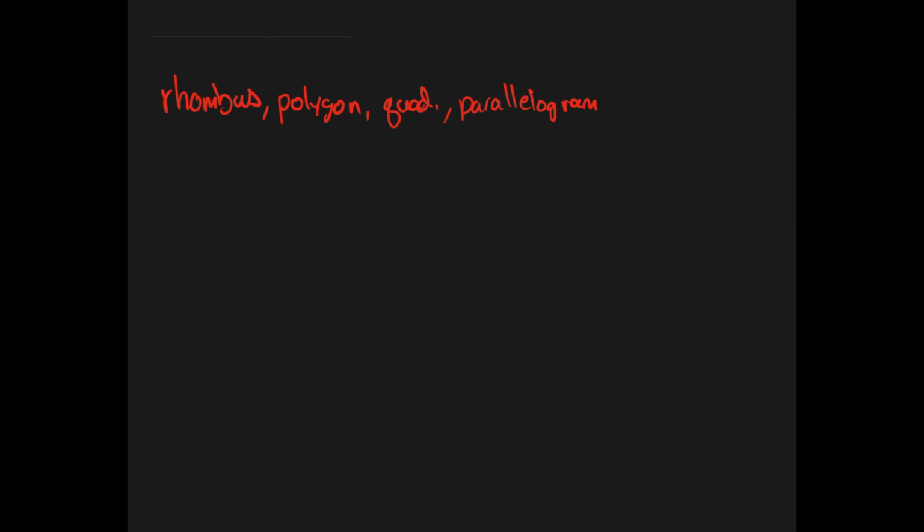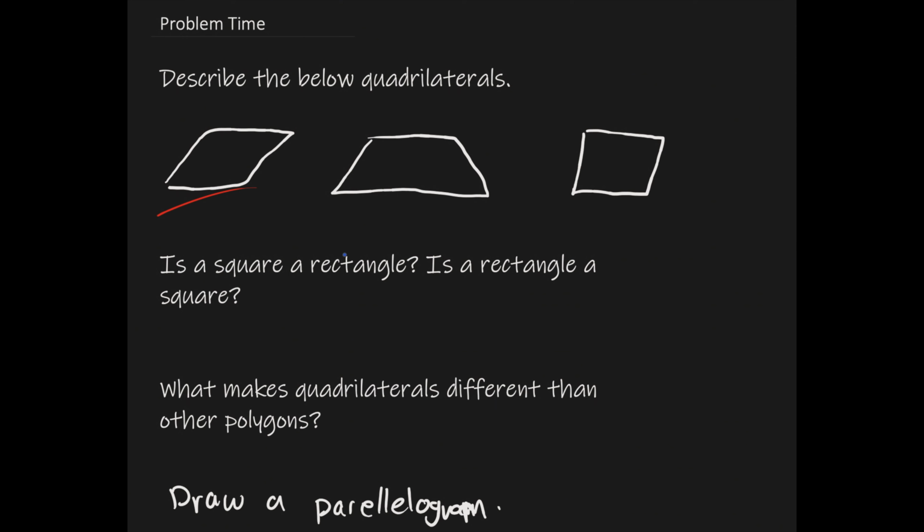Okay, now this second shape is a trapezoid, a polygon, a quadrilateral, and that's it. Then we have this last one, and this is a square. So let's go back here.